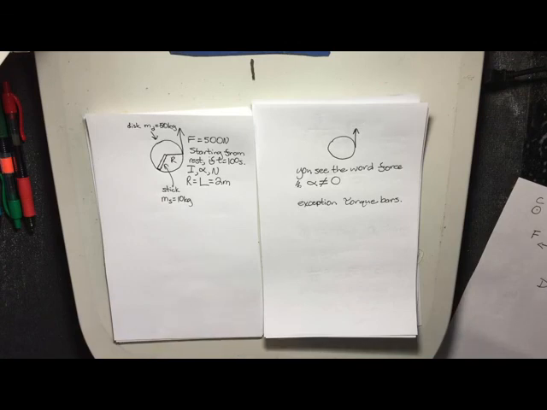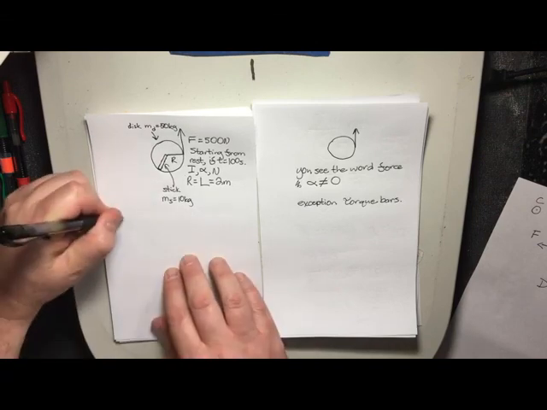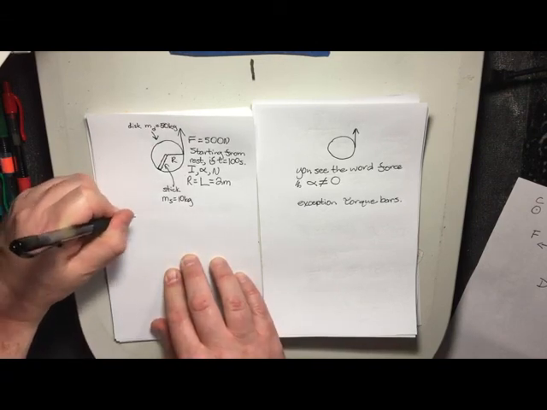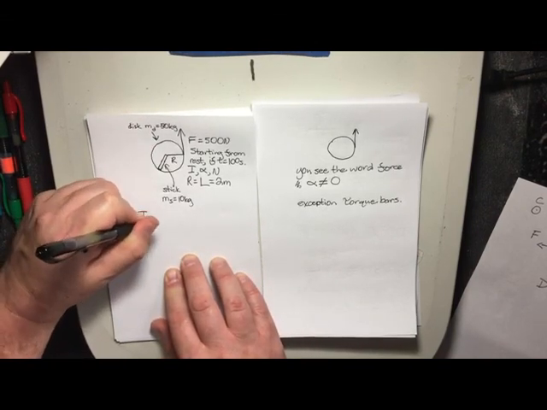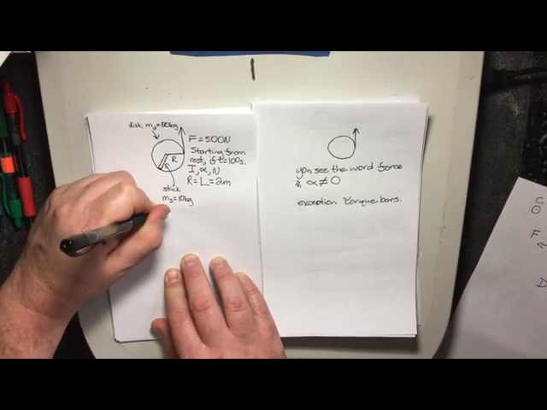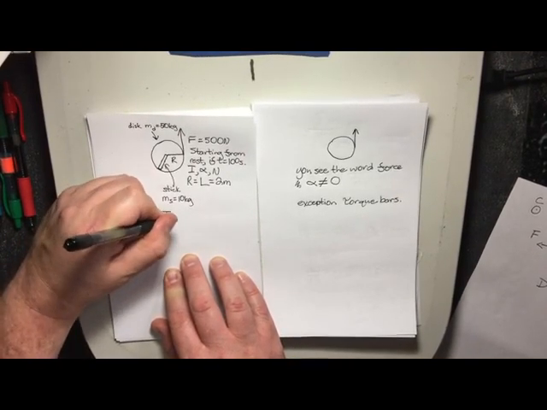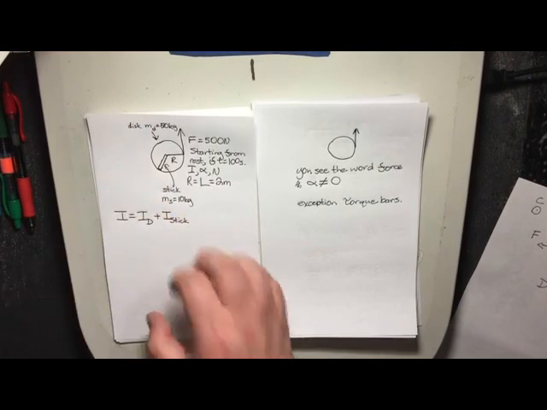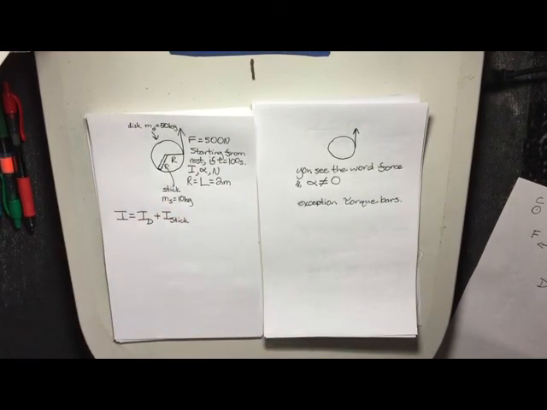I want it numerically, so here are some numbers, go plug and chug and have fun. The moment of inertia of the system is the moment of inertia of the disc plus the moment of inertia of the stick rotating about one of its edges or one of its tips.